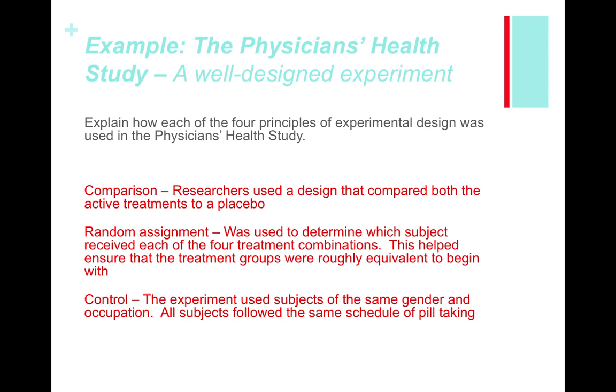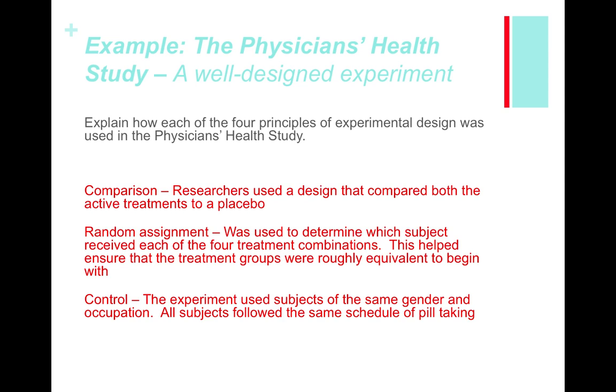The control. The experiment used subjects of the same gender and occupation. So they controlled the idea that it could have been men versus women who have more heart attacks or are susceptible to different cancers. Also occupation.